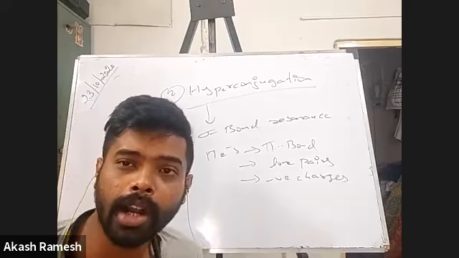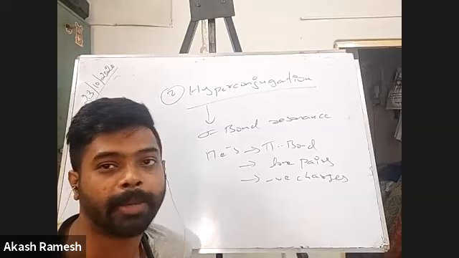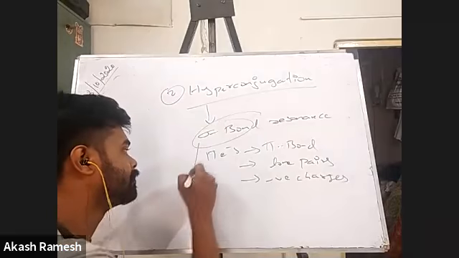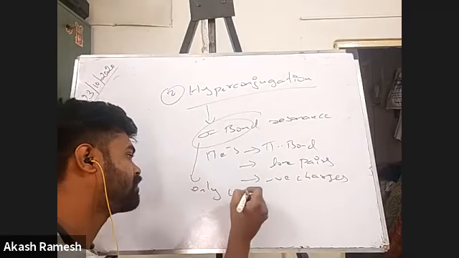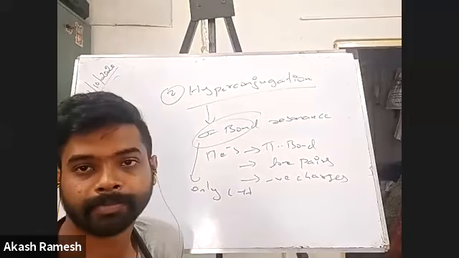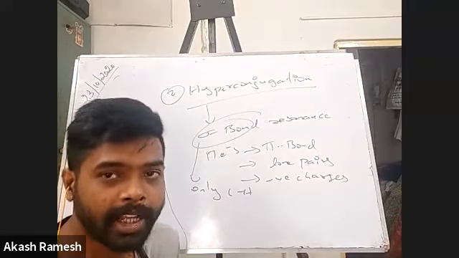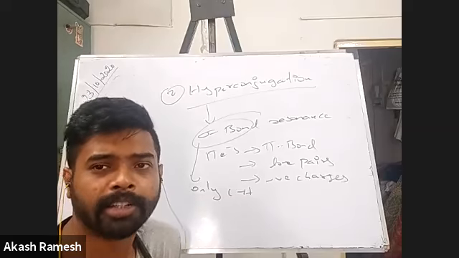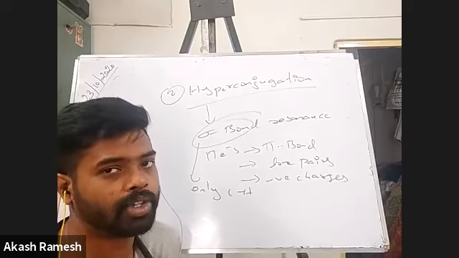Now it's not like all sigma bonds are capable of doing this. Only the C-H sigma bond is capable of doing this. No other sigma bond is capable of undergoing hyperconjugation.